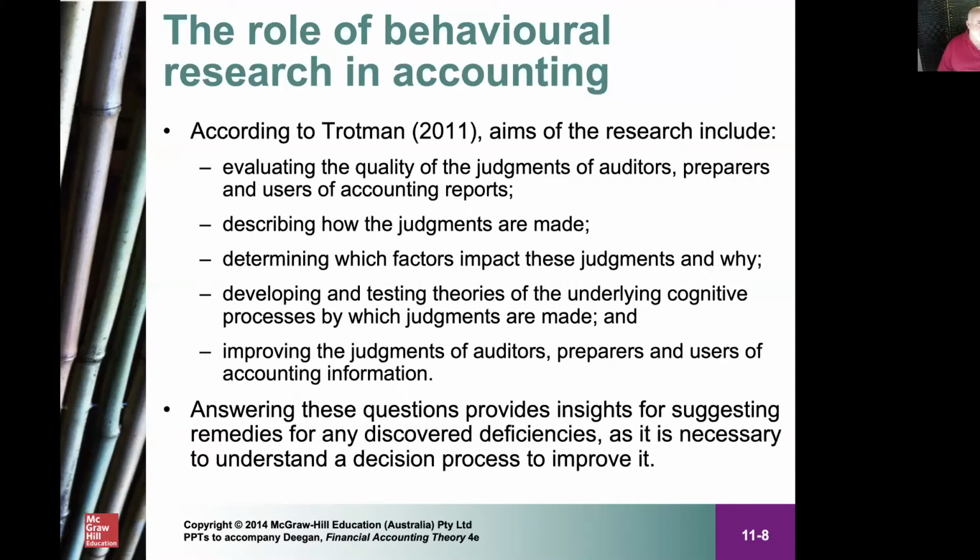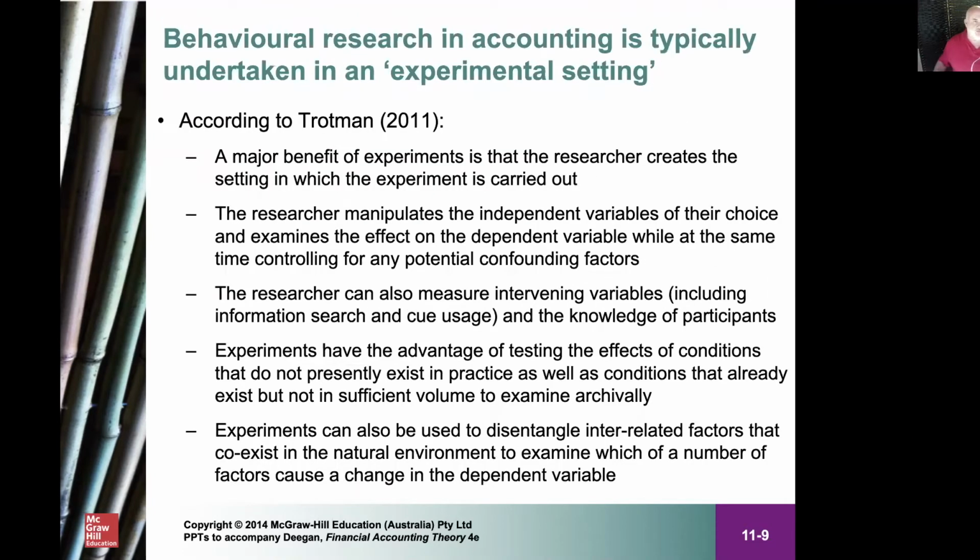Okay. Now, what this does, if we are able to identify any deficiencies, this then means that we can have a situation where we can address those deficiencies, okay? So that's a pretty important outcome, and that can obviously make things better when analysing companies and those sort of things, okay?